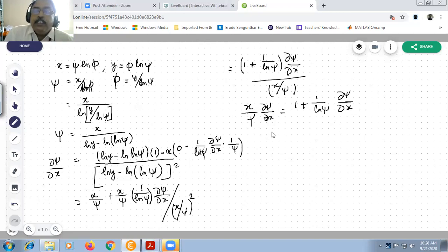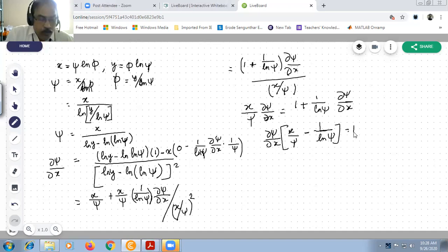When you take this ∂psi/∂x to the other side, we have (x by psi minus 1 by ln psi) is equal to 1.